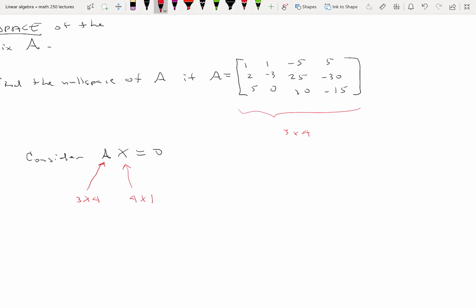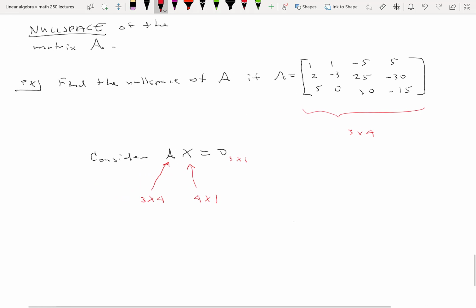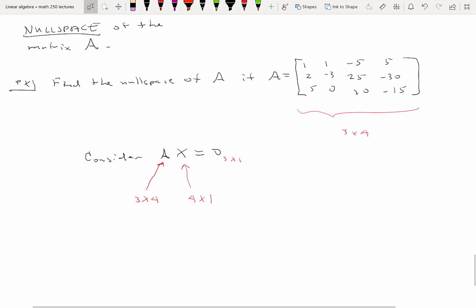It's going to have 4 variables, and the 0 vector will be a 3 by 1 zero vector. So consider the system Ax equals 0. I'll start labeling these steps in a new color. Step 1, solve Ax equals 0. Solve the system.